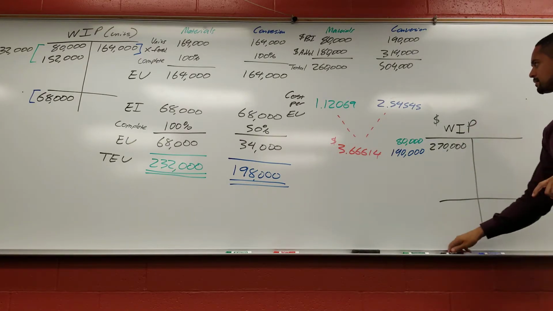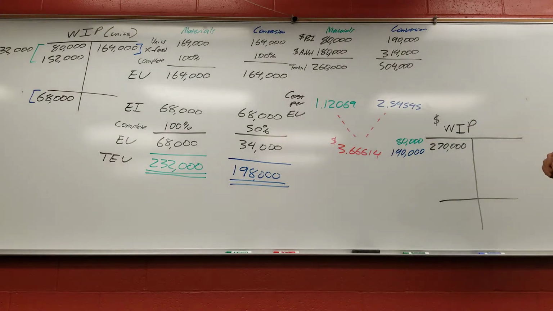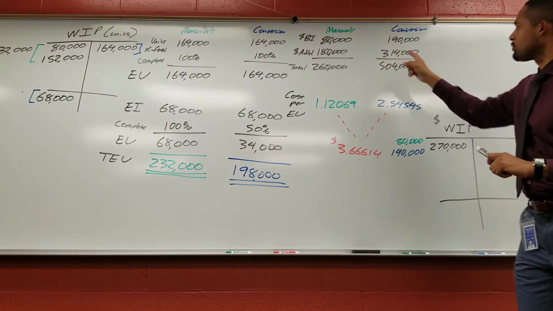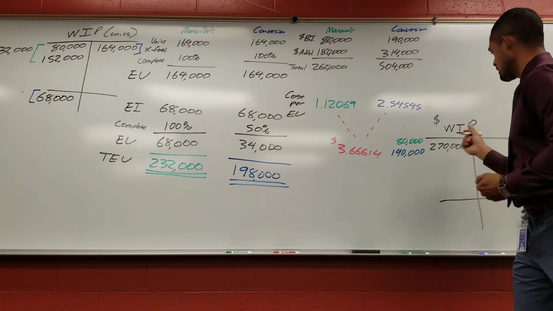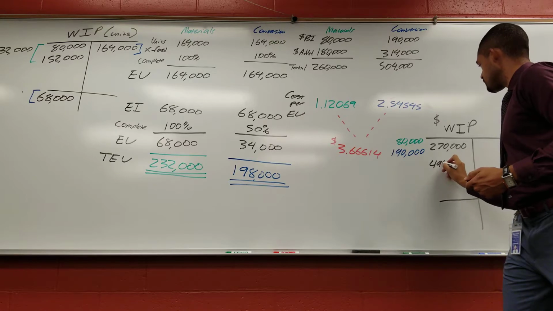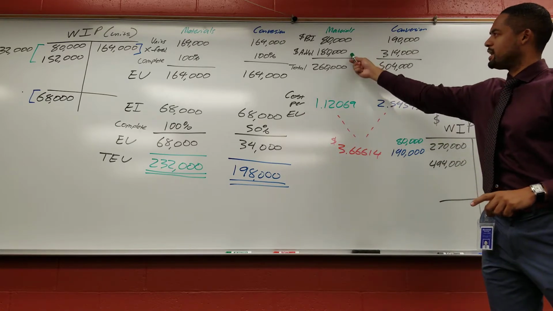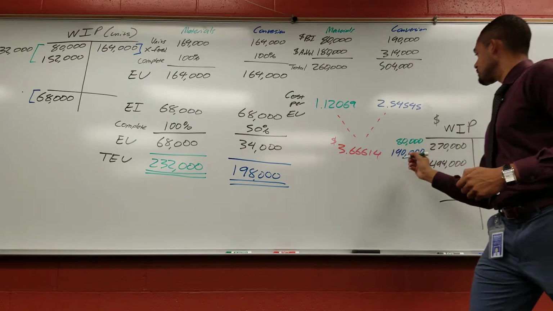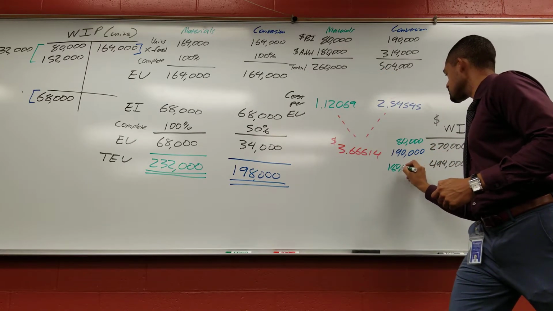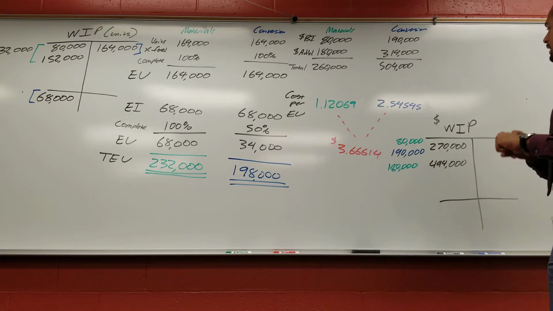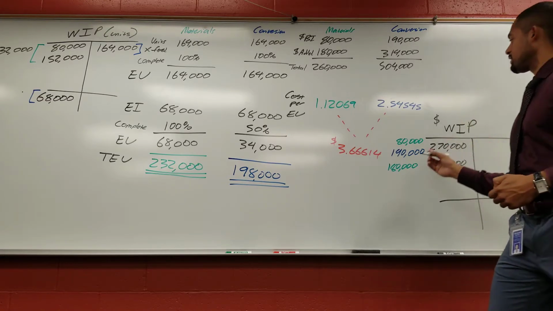Next, we got to get the cost added. Total cost added is $494,000 because we have $180,000 for materials, and we have $314,000 for conversion.